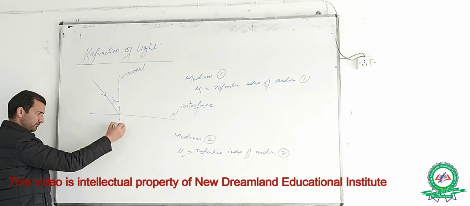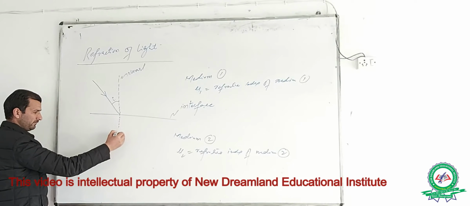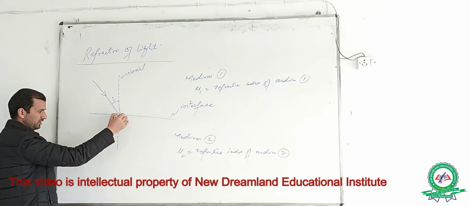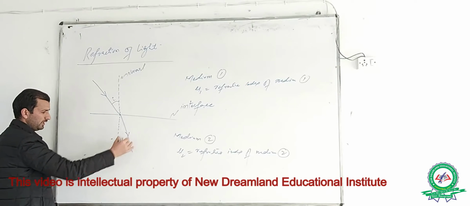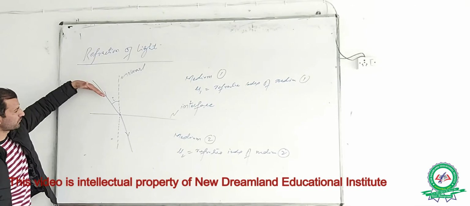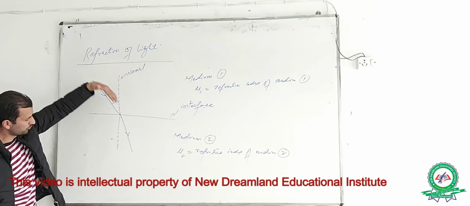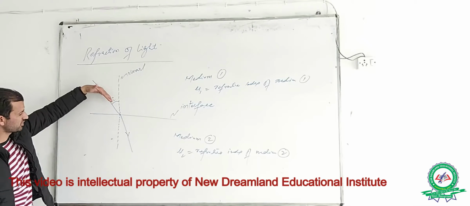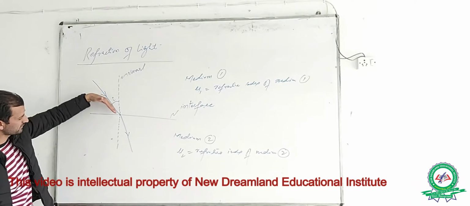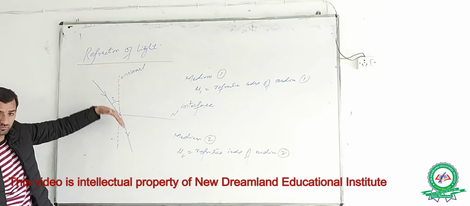And this ray of light is initially in medium 1, now it goes into medium 2, and according to the refraction of light, when light goes from medium 1 to medium 2, it changes direction. So you can see that there is a change in the direction of light as it goes from medium first to medium second.